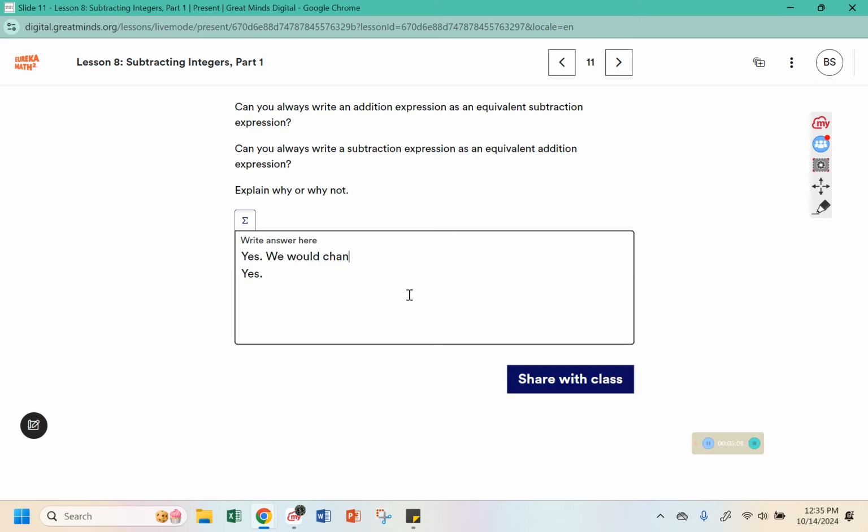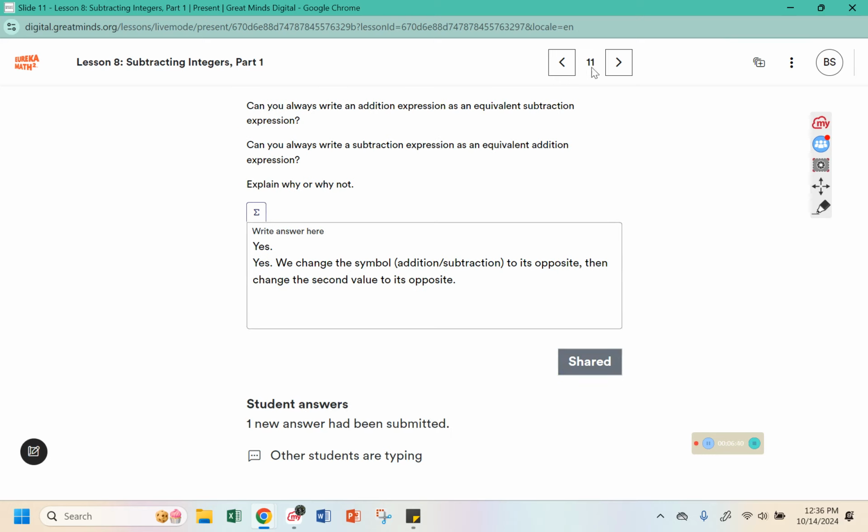Actually, for both, we change the symbol, either addition or subtraction, to its opposite, then change the second number to its opposite, meaning if it's positive, change it to a negative, and if it's a negative, change it to a positive.